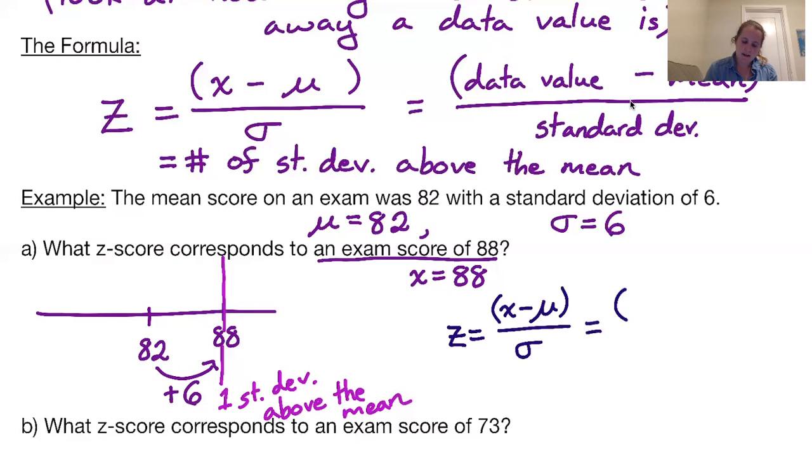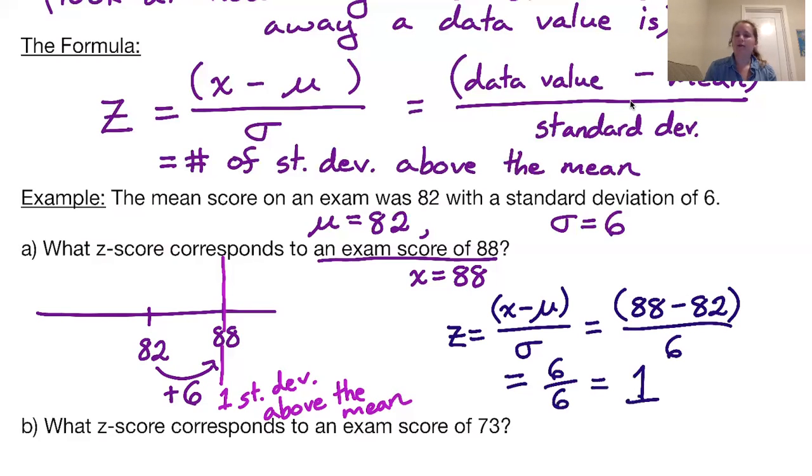So we are looking at 88 minus 82 divided by 6. That's 6 divided by 6, or 1. So our data value was precisely 1 full standard deviation, 1 full hop above the mean. So our z-score is 1.